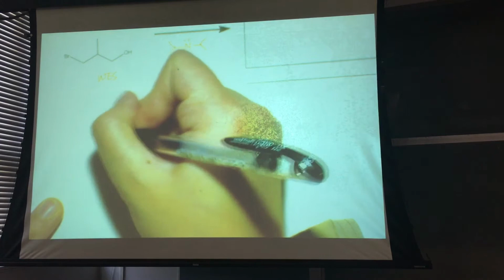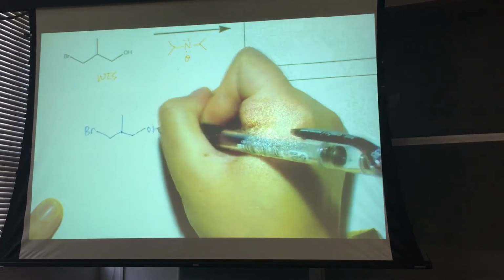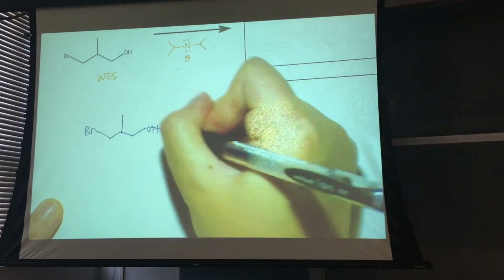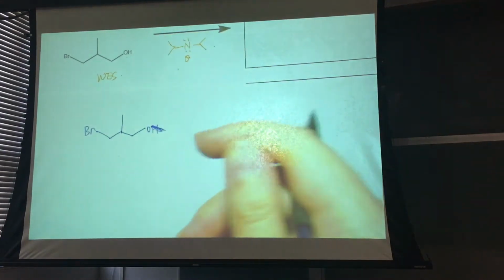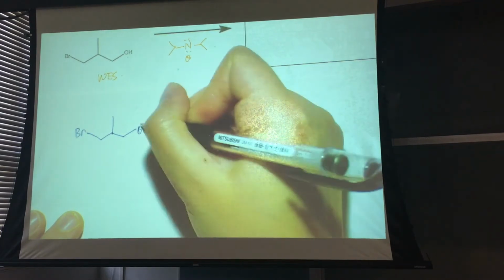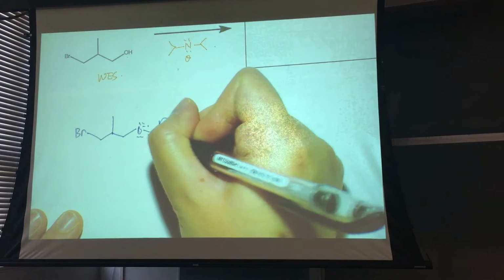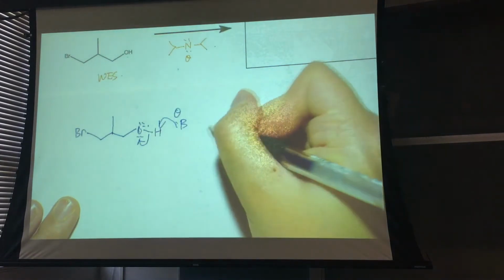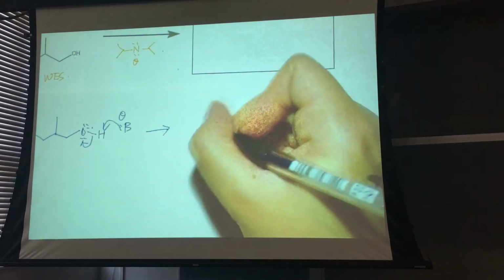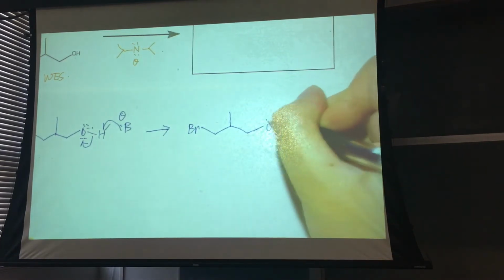So the mechanism for this one, bromo, OH. The first step is your base, which is the LDA, is going to grab the hydrogen on that one. So it's going to form bromo and O minus.